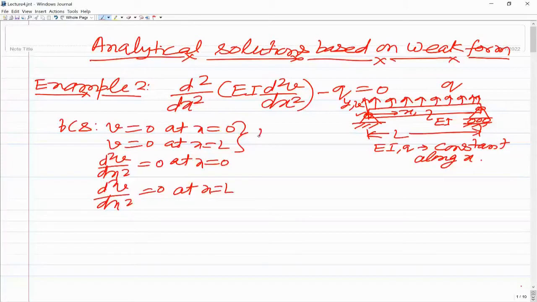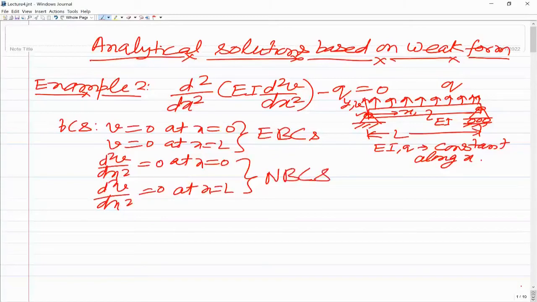So these are a set of essential boundary conditions, EBCs. And the last two, d2v by dx square is prescribed, which is a secondary variable, a force quantity. The prescription of a force quantity gives natural boundary conditions. So the last two are natural boundary conditions.